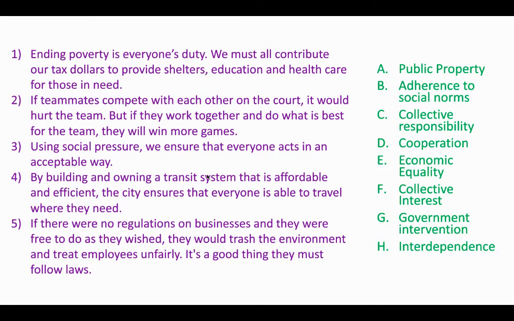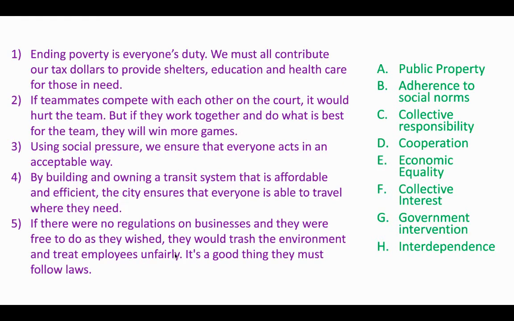Number 4, by building and owning a transit system that is affordable and efficient, the city ensures that everyone is able to travel where they need. Right? So having a transit system is in our collective interest, you could say, and it is in itself public property. So both F and A, I think, would work for that one.